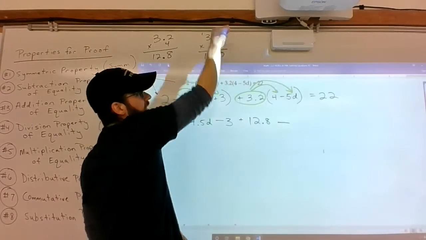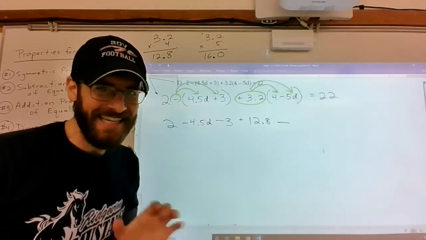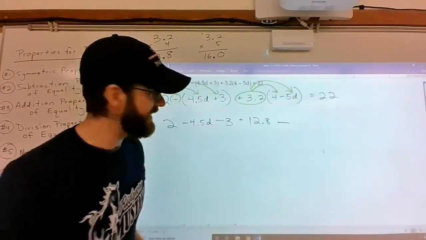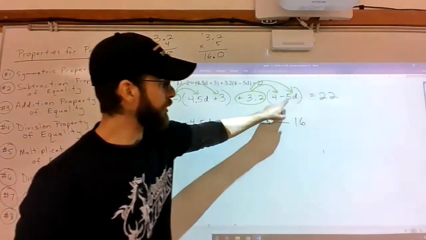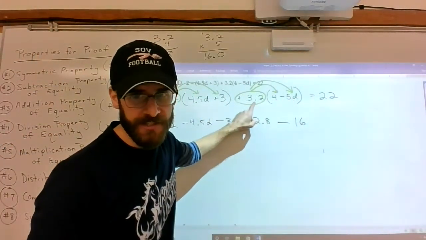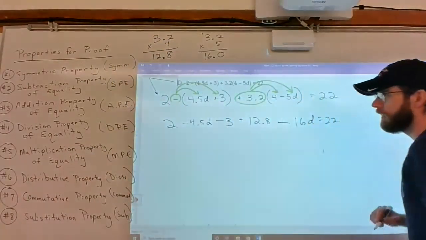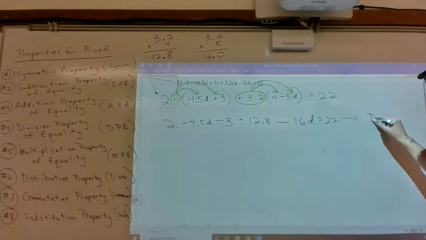One digit to the right means one digit in. And I can just call it minus 16, not 16.0. And then, of course, I multiplied by a d term, so it needs to be -16d. And that's our first step. Distributive property gets rid of parentheses.